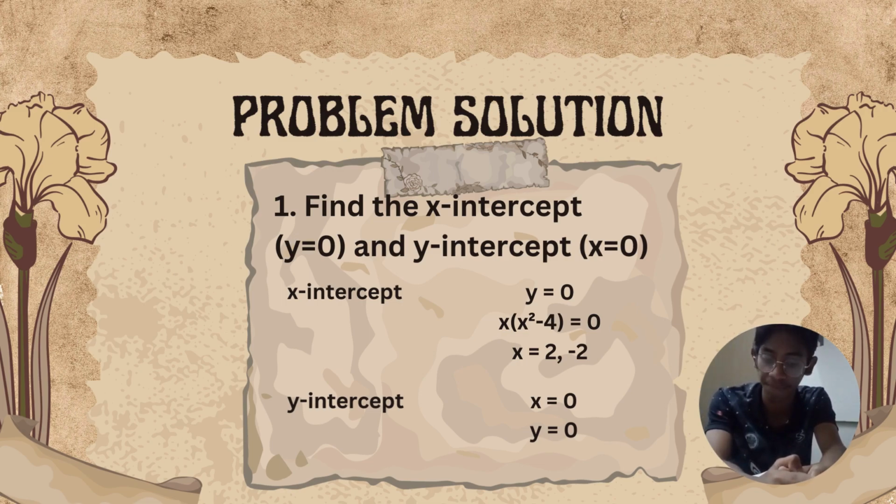For the y-intercept, it's the same, but this time x is going to be 0. So we put the 0 value in the equation, and we get x equals 0, y equals 0. And that's how we solve question A.